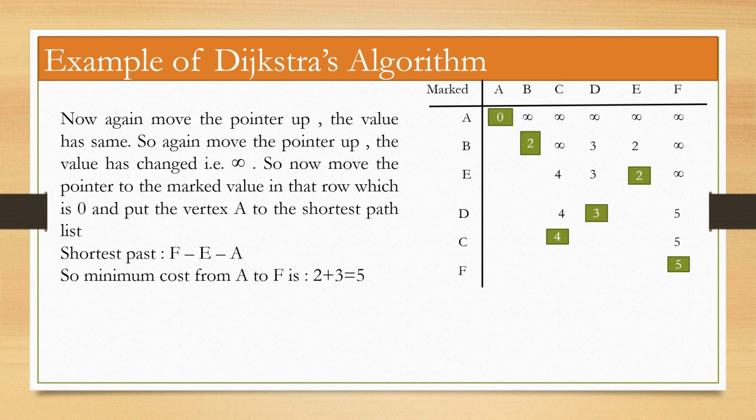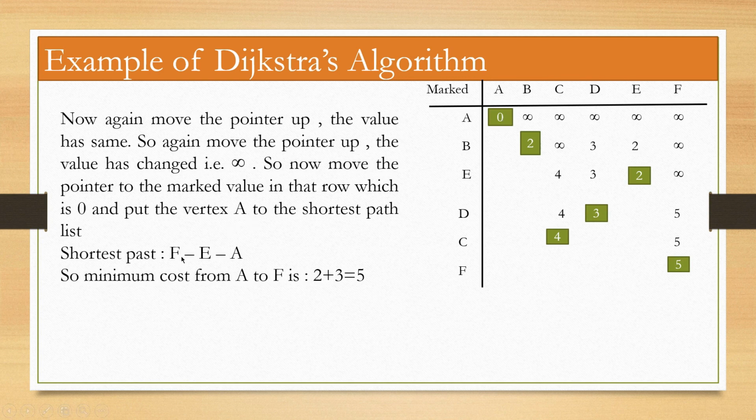Again we have to move the pointer up. The value has changed and that is infinite. So now we have to move the pointer to the mark value in this row. In this row the mark value is 0. So we put vertex A into the shortest path list.